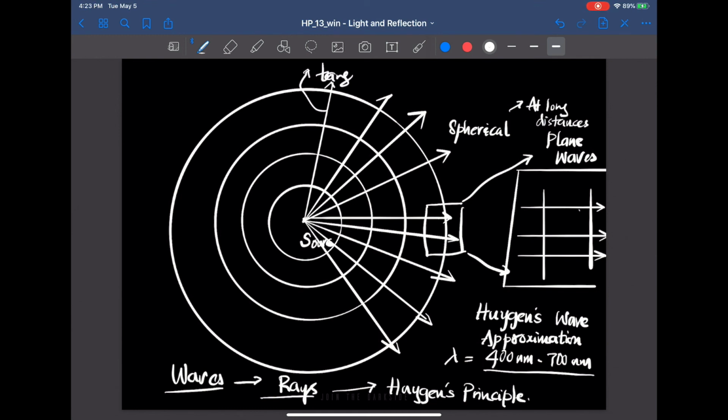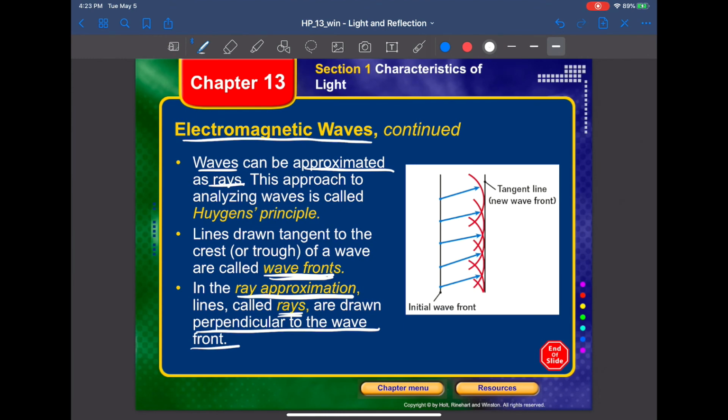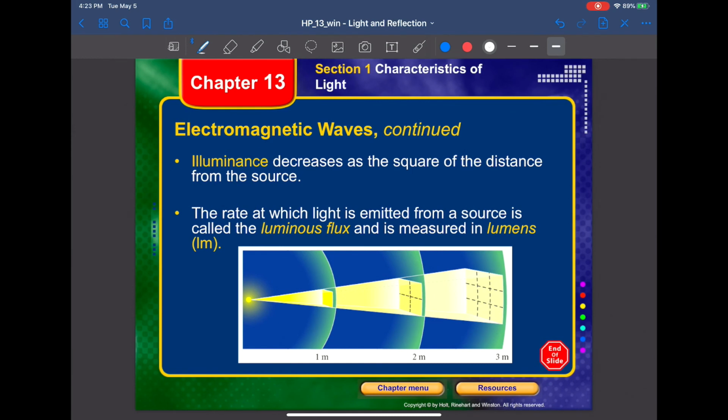A tangent is a line that's always perpendicular at the point of intersection. So at all of these points, they have a 90-degree angle. At every point where they touch, they always should have a 90-degree angle. That's what is defined as a tangent. So we always have to remember that this is an approximation of a wavefront, which means that rays are always drawn perpendicular to the wavefront.